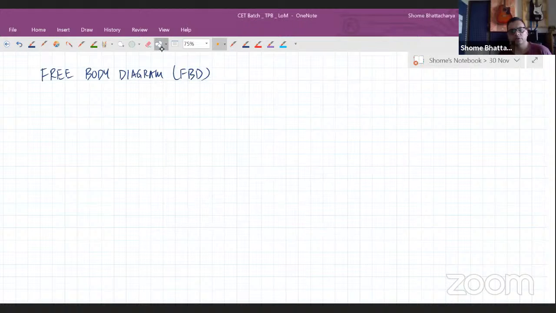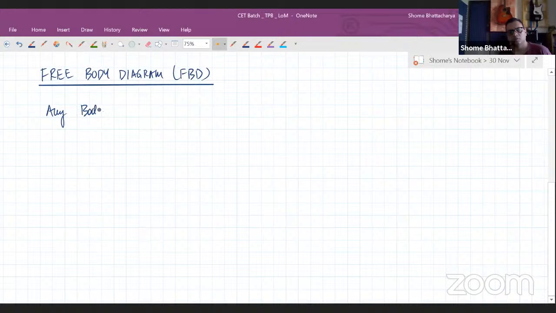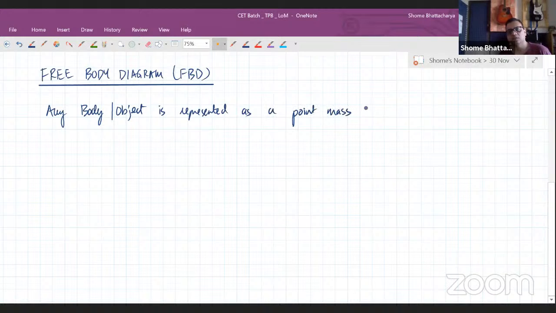So what we do in the free body diagram method is that any body or object is represented as a point mass or a particle.